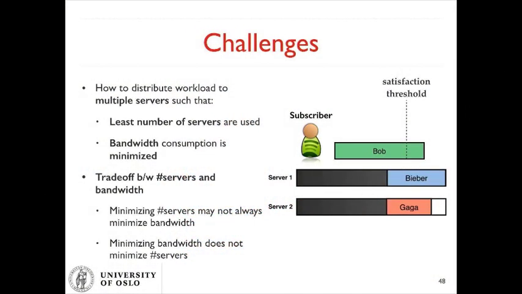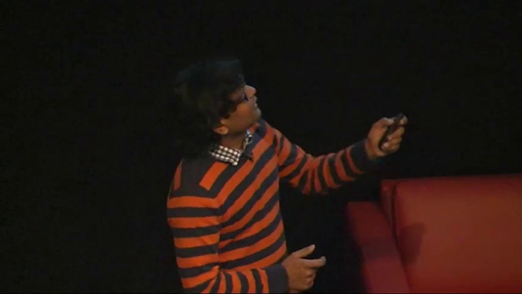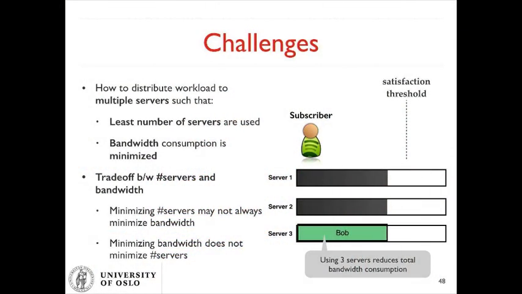So in this case, if we select Bieber and Gaga, who are relatively cheaper topics or smaller load, they fit into existing servers, but together they have higher bandwidth cost. But selecting Bob has a lower total bandwidth cost, but if we have to select Bob, then we may have to allocate a new server.